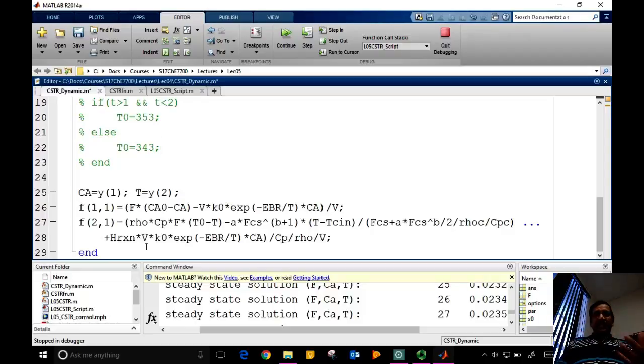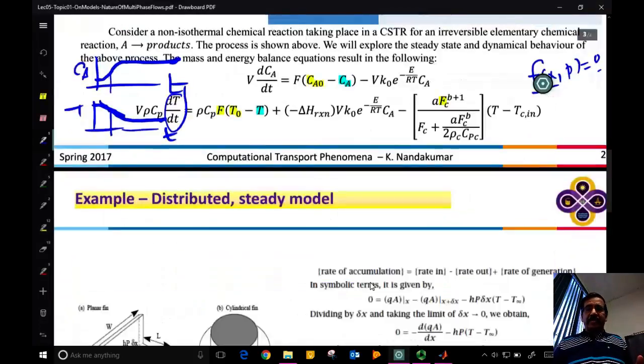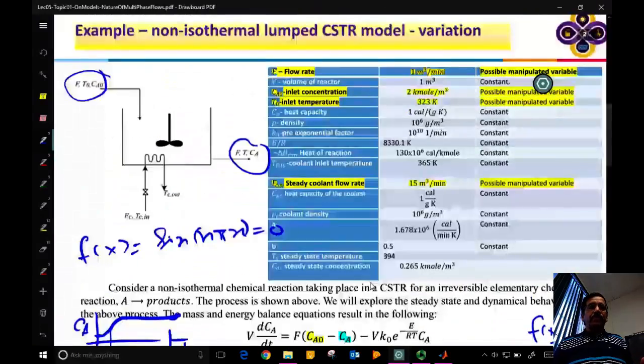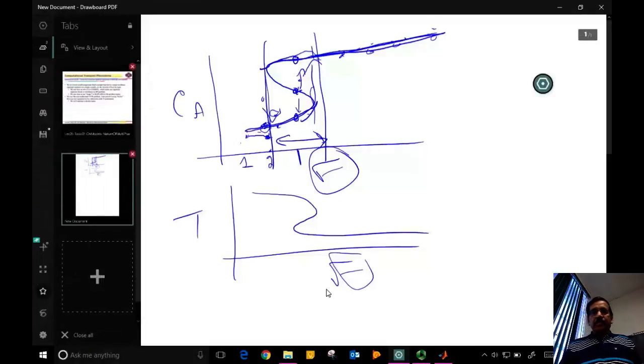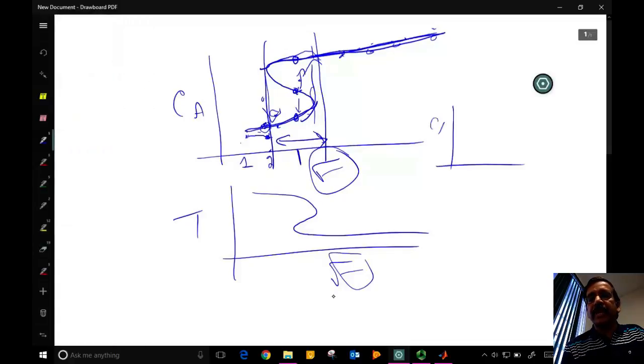Okay, so you need to understand the nature of the algorithm that does it, and it's not very difficult to understand it. So let me show you why that works. Okay, so now I'm plotting Ca as a function of time.